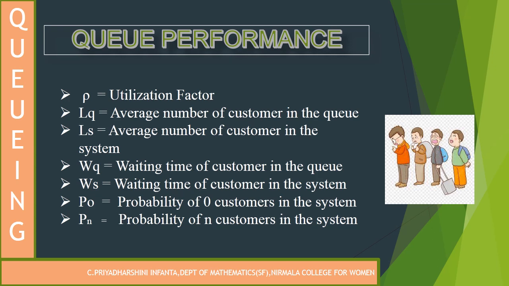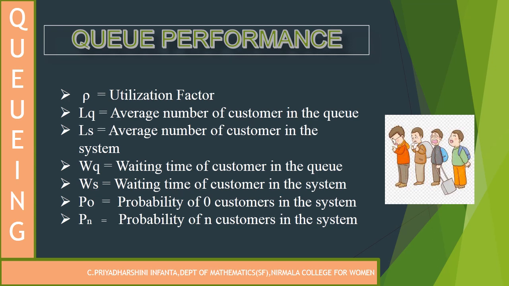Here also the waiting time is calculated excluding the person who is being served. WS, the waiting time of the customer in the system, we also consider the customer who is being served as well as the customer who is in the queue.